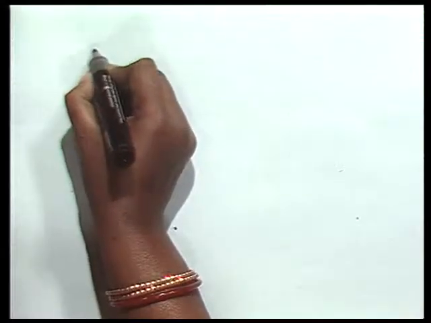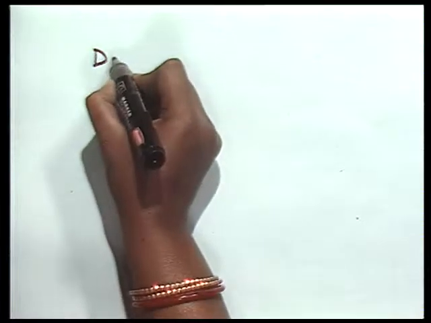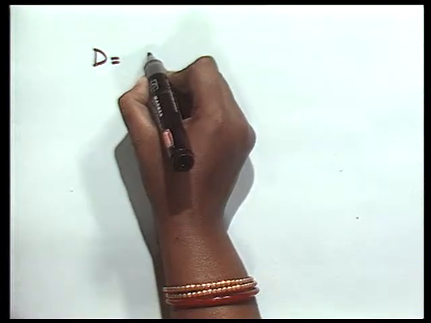Here d will be equal to b square minus 4ac.